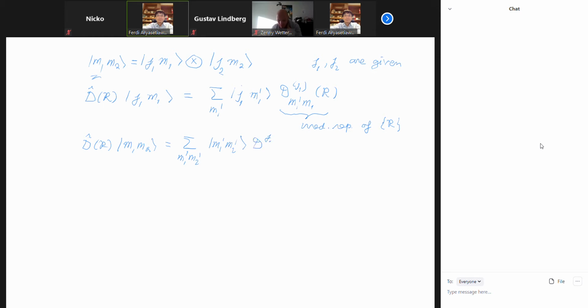So this will be J1 times J2, M1 prime, M2 prime, M1, M2. So this precisely has the same form as the general case that we considered. It's just that now it is specialized to angular momentum states. So this direct product representation of the rotation can also be decomposed.